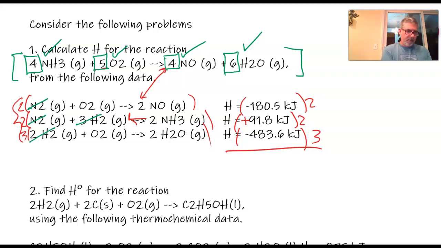And I have 2 times 91.8. I have 3 times a negative 483.6. So I get 162.